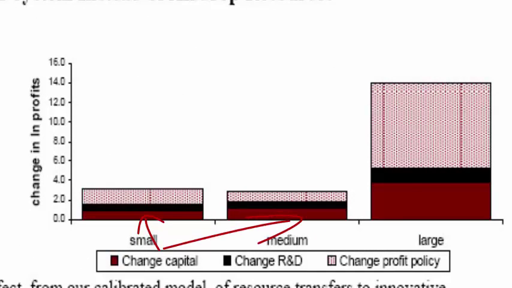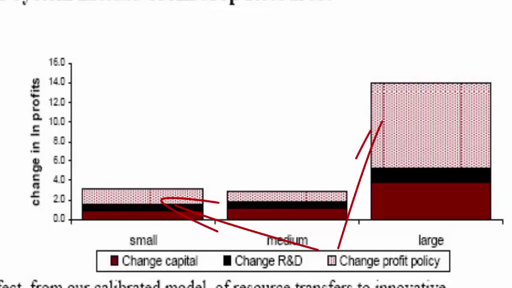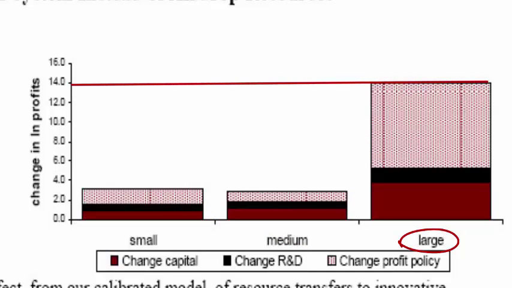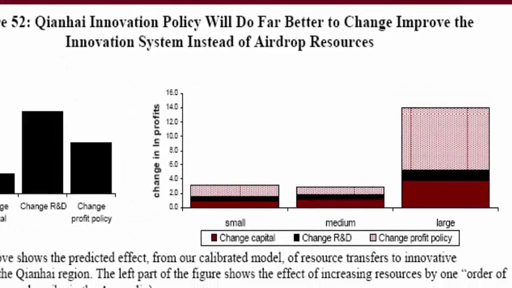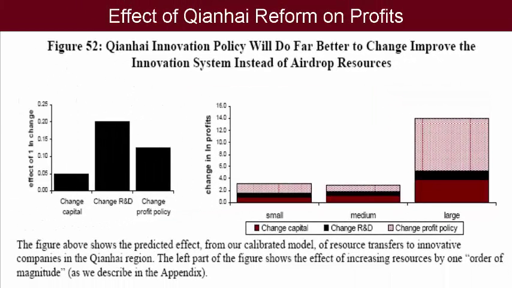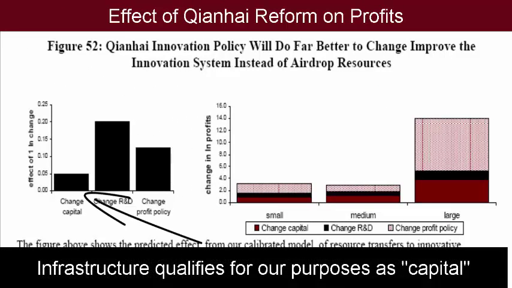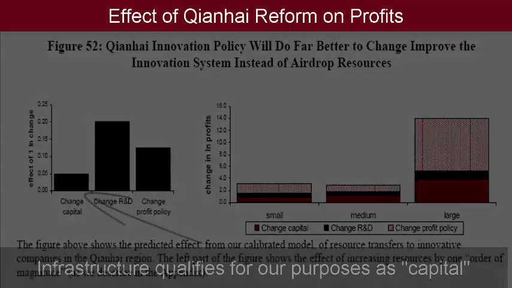We see that large regulatory reform would have the greatest impact on profits. And we see that administrative changes such as those we proposed would have the largest impact on these companies' profits. Thus, our model clearly shows that Qianhai's plans need to focus on soft infrastructure, such as the regulations governing these innovative companies, instead of building out urban infrastructure.